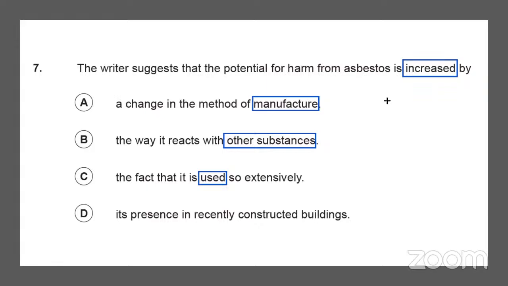How it is manufactured, how it reacts with other substances, how it is used. So used is the keyword. Next one. People are failing 4 or 5 times. Be careful. Now D.